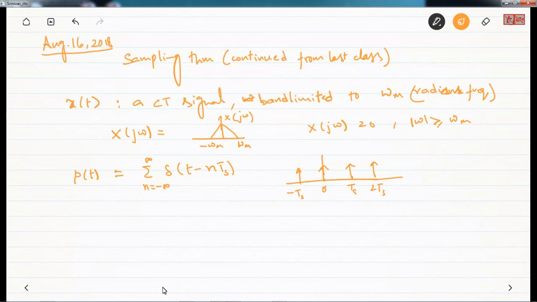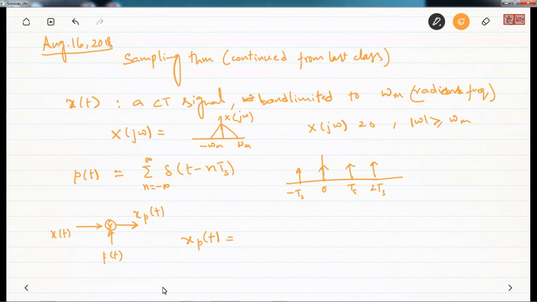Instead of T, I am writing it as Ts. Then we multiplied this x of t signal with p of t, and what we get is xp of t. This is all we did in the last class.